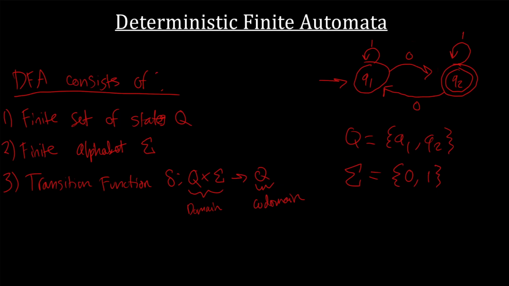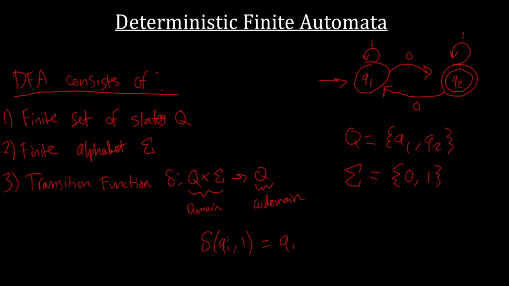So basically, we are mapping state character pairs to another state, and that's representing these transition arrows up here. If we wanted to represent this one transition on Q1 up here in a mathematical sense, we would write delta of Q1, 1 equals Q1.